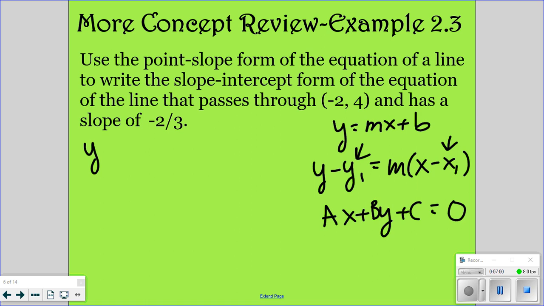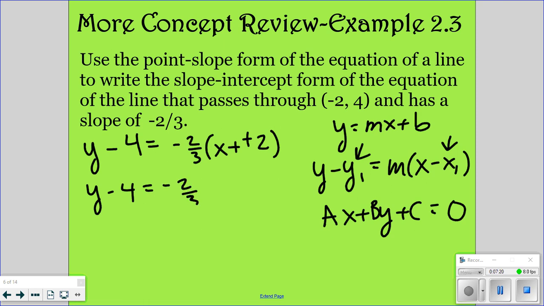So we're going to plug it into our formula. y minus our y value, which is 4, equals our slope, negative 2/3, times x minus a negative 2. So that's going to become a plus 2 here. So I'm going to have y minus 4 equals negative 2/3 x minus 4/3. And then I'm going to need to add this 4 to the right side.